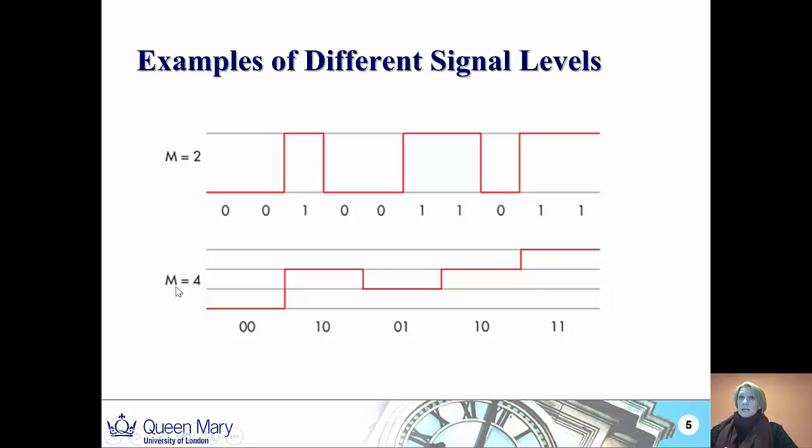We can contrast that with a scenario where we've got 4 signal levels: 1, 2, 3, and 4, and each signal level is communicating 2 bits of information. So with each change in our signal level, we're representing double the amount of information.